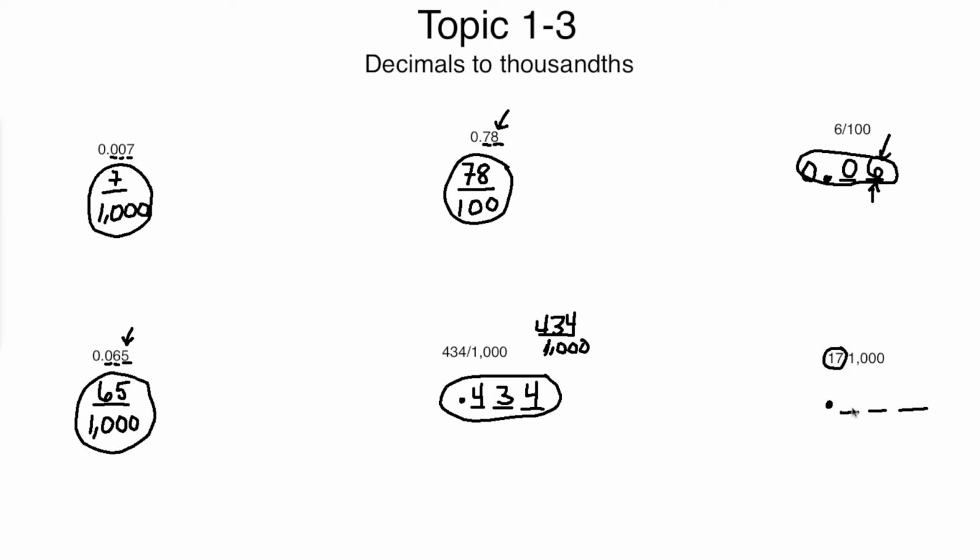Well, there is nothing in the tenths place. You have a 1 and a 7. How do you say 1, 7 together? 17. And what place value is the 7 in? The thousandths. So that is 17 thousandths, which is 17 divided by 1,000, or 17 over 1,000. If you got that, circle your answer. Great job.